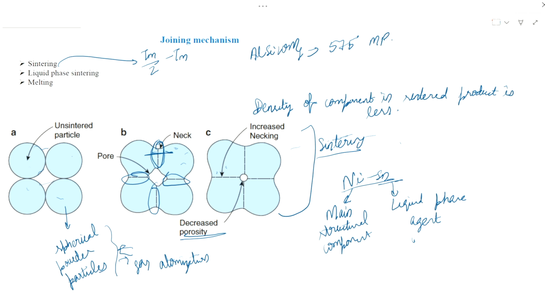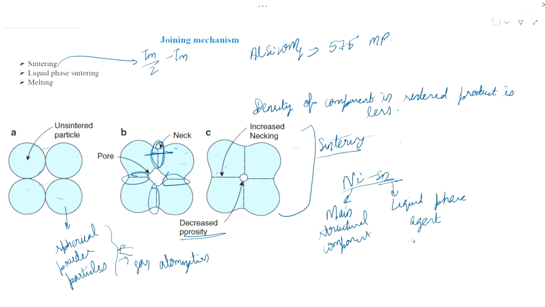We can also use a lower temperature in liquid phase sintering as compared to the sintering process. It may be possible that we get the same quality at a lower temperature.